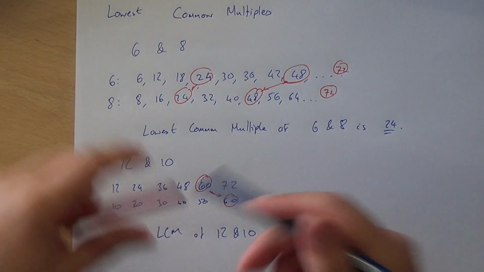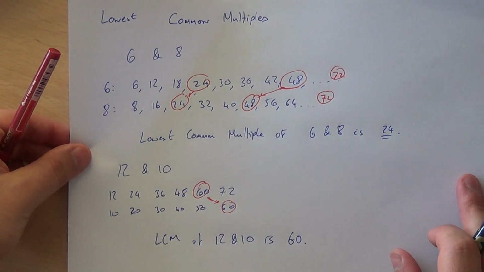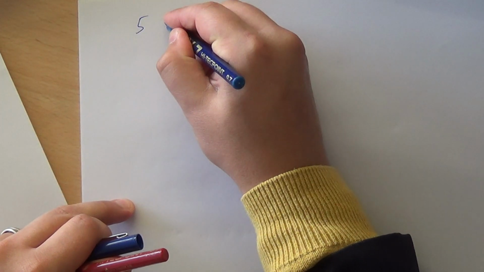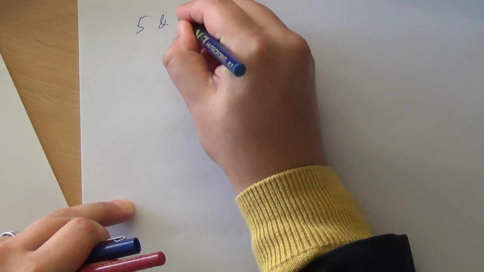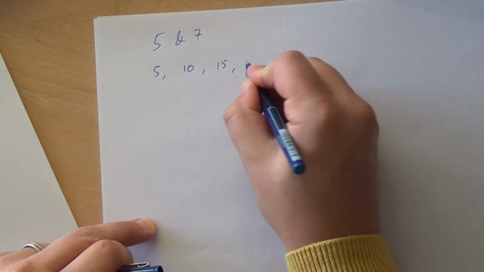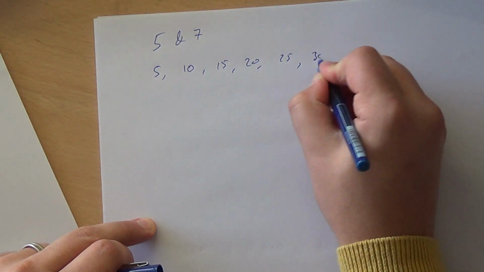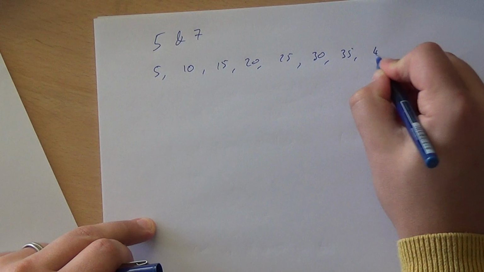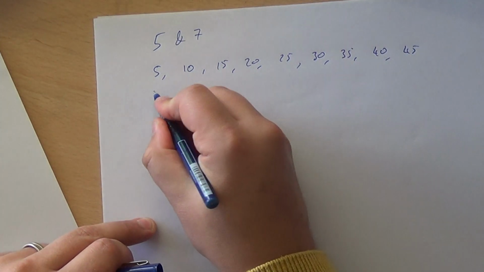Now there are a couple of catches with this, a couple of things you might not need to be pointed out. So if we pick this particular pair, 5 and 7, we get 5, 10, 15, 20, 25, 30, 35, 40, 45, and then we do our 7s.